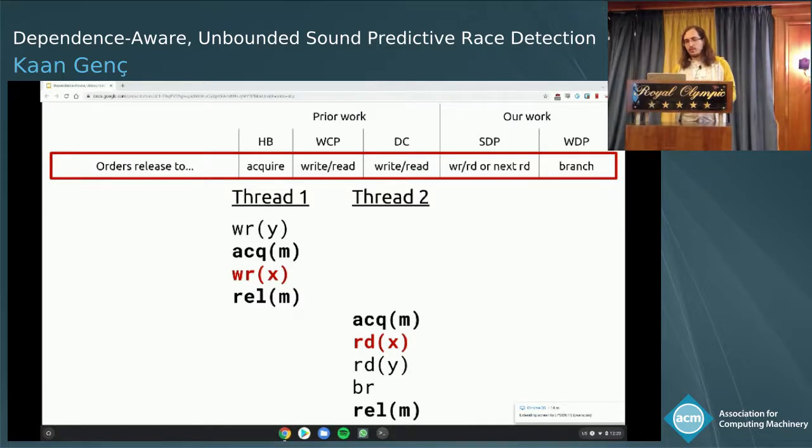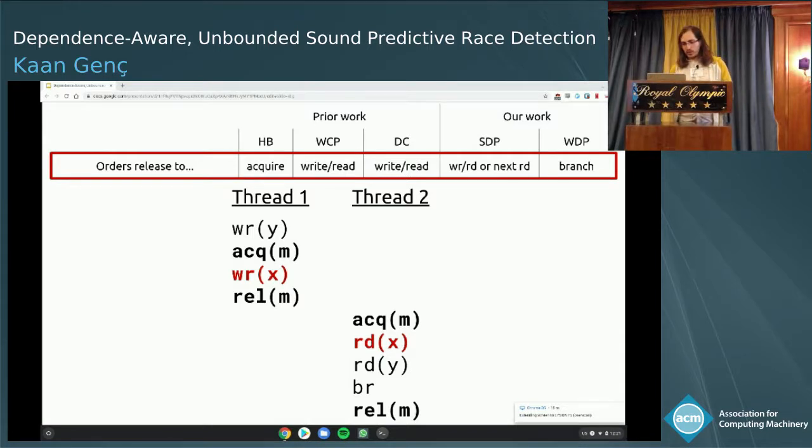However, WDP only considers branches to be the actual points of synchronization. The idea behind that is that even if you read something, unless you're actually using it to change something, it doesn't matter, right? So even if you read X here, if there is no point where the execution can branch, that read Y is going to execute no matter what.